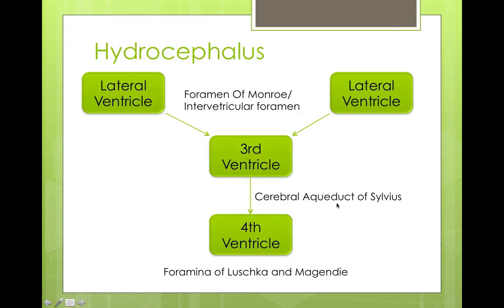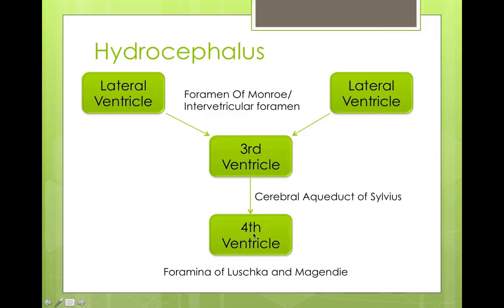You should know both, remember. And the 4th ventricle is the last part. The 4th ventricle drains into the subarachnoid space by the 2 foramina of Luschka, left and right, and 1 Magendie, which is posterior to the 4th ventricle, between the brainstem and the cerebellum.